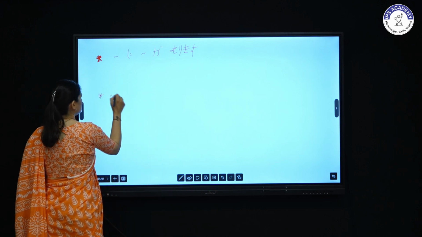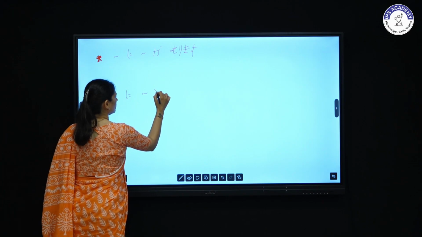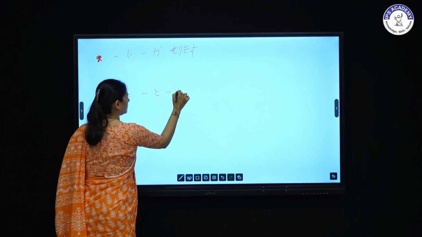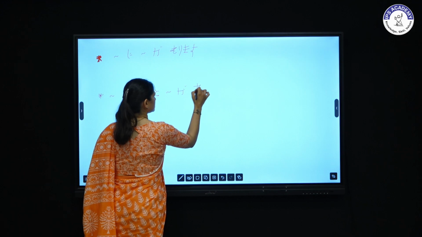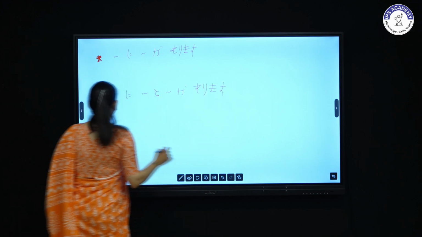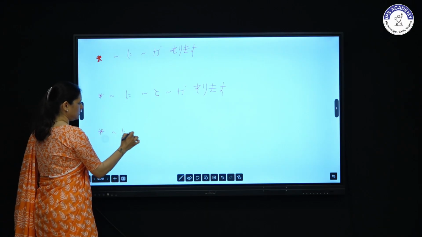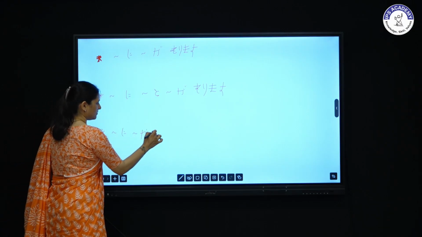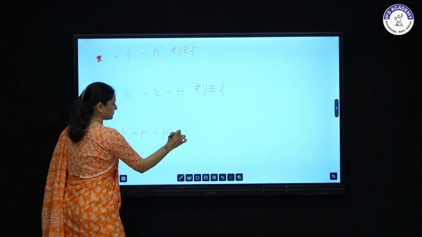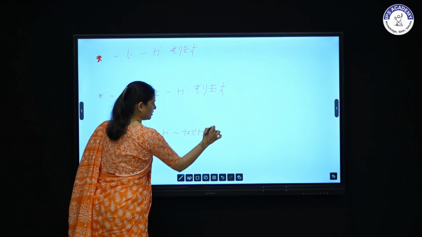The second one is ni to ga arimasu. And the third pattern is ni ya nado ga arimasu.